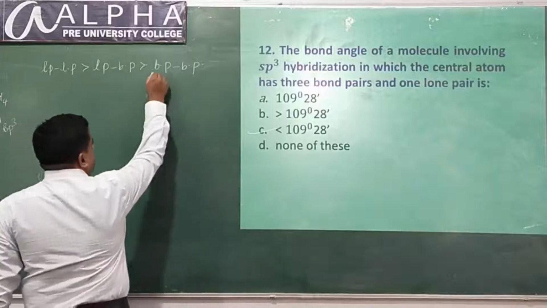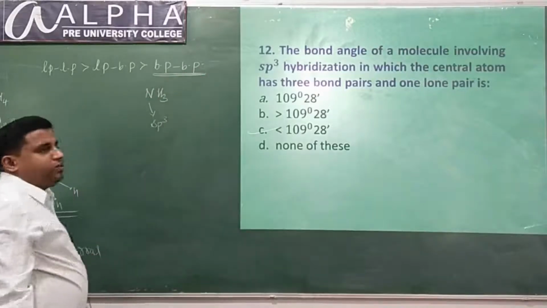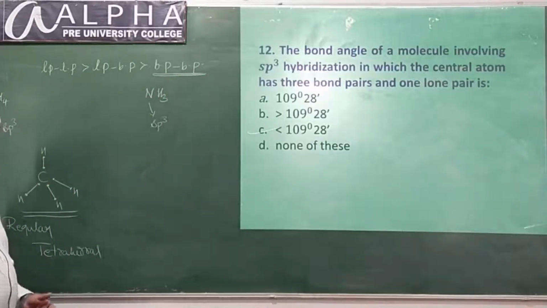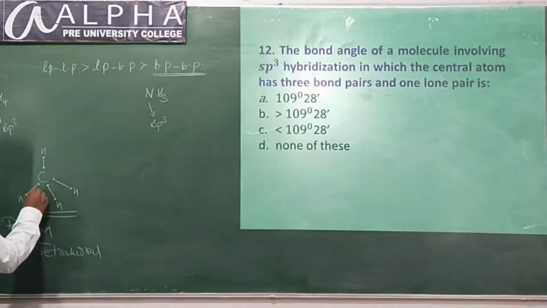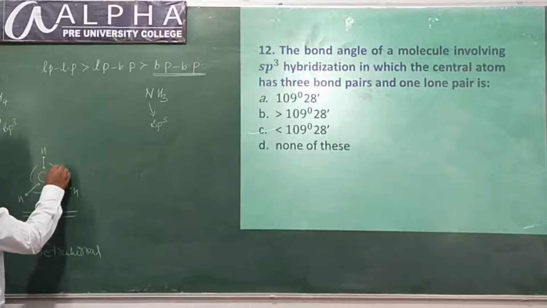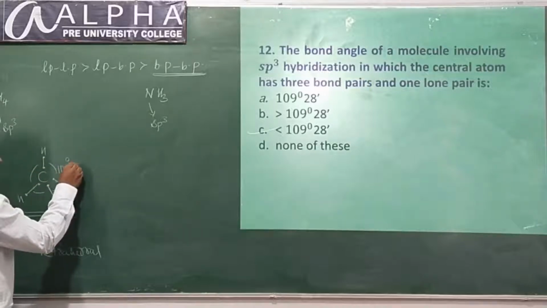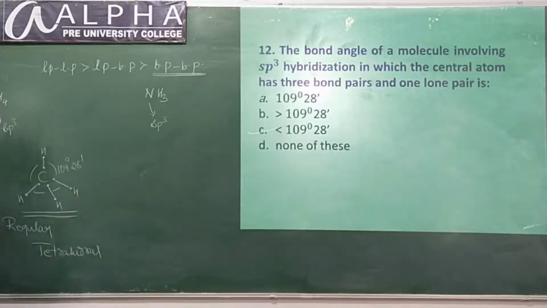So you can observe the repulsion between bond pairs of electrons is least, and the expected bond angle is 109 degree 28 minutes.